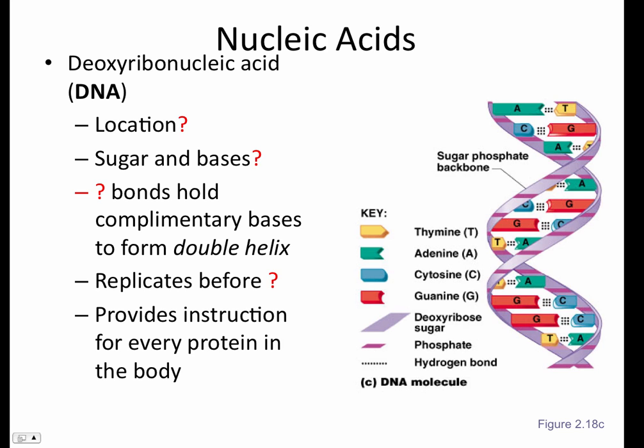Okay, other things about these nucleic acids is that they replicate before the cell divides. In what are called somatic cells, these are cells of every cell in your body, so these are non-sex cells. These are, for example, in your skin, intestines, hair, eyes.